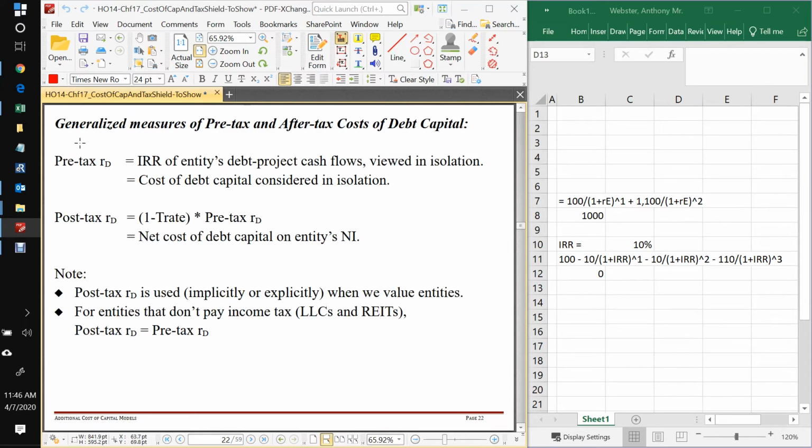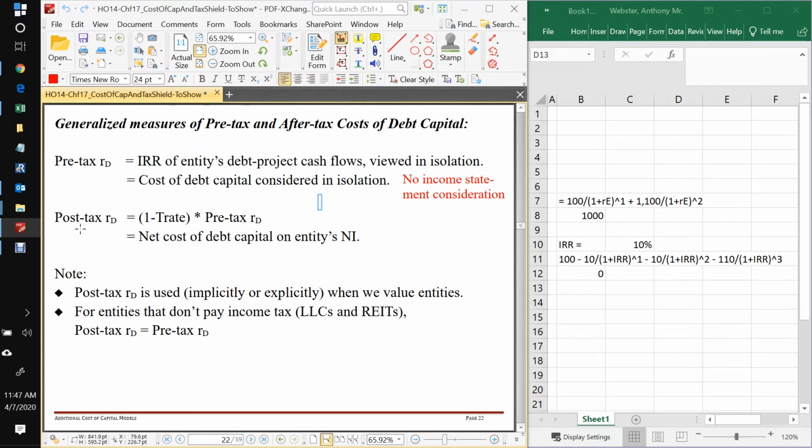Okay, so now let's look at some generalized measures of pre-tax and post-tax cost of debt capital. In general, our pre-tax RD is going to be the IRR of the entity's cash flows for debt projects viewed in isolation, so that's going to be with no income statement consideration.